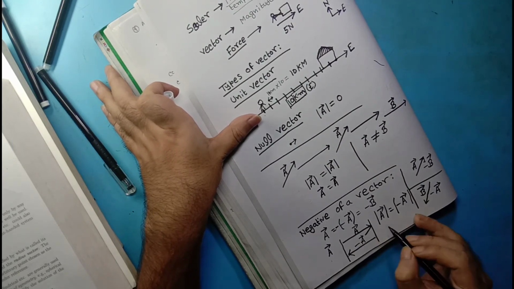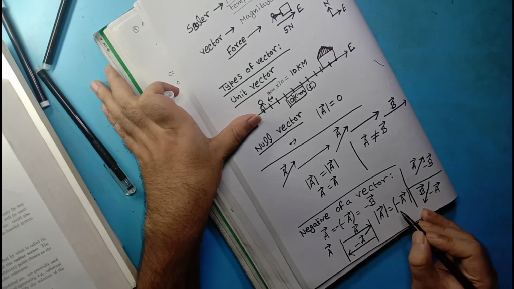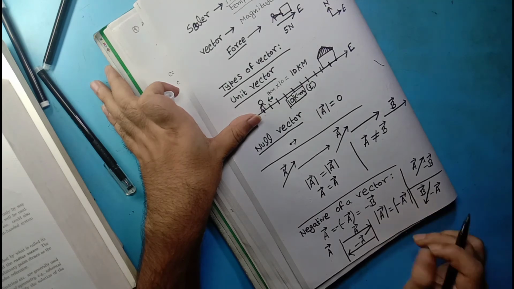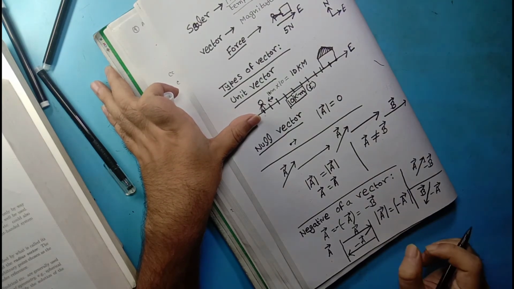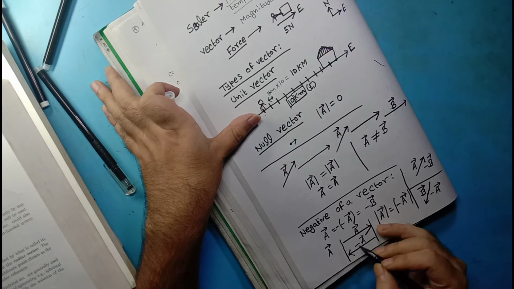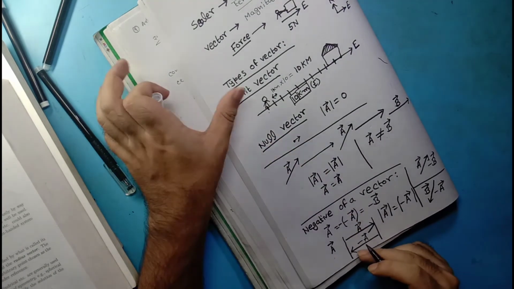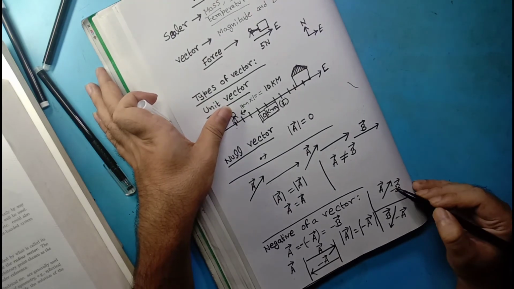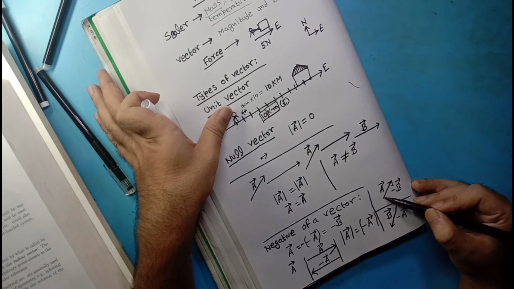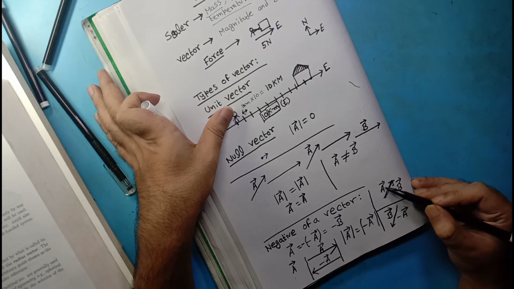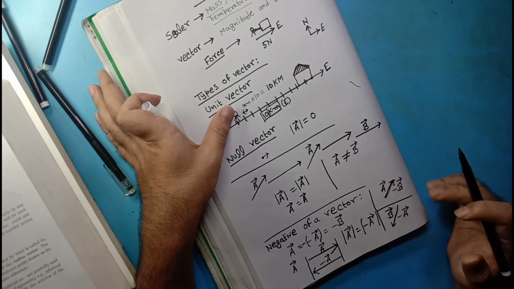The magnitude, or scalar part, of this vector is the same, but very important is that vector a and minus vector a are totally opposite in direction. Here is another example. If you take a vector like this one, this is vector a.